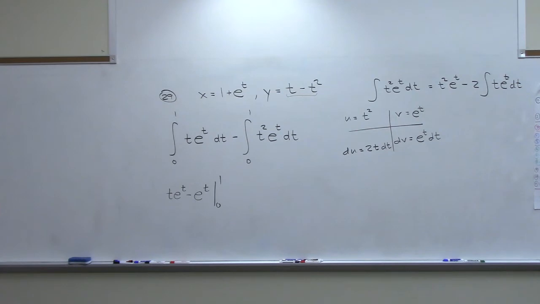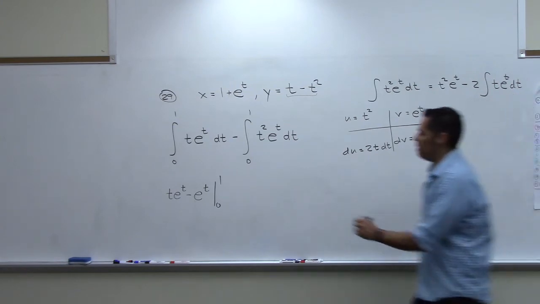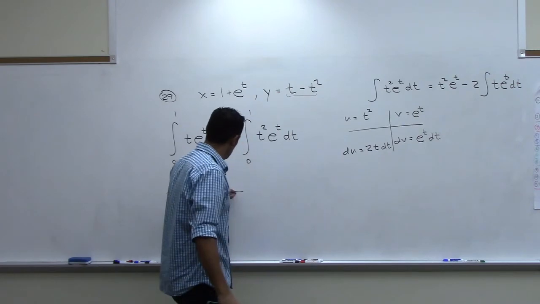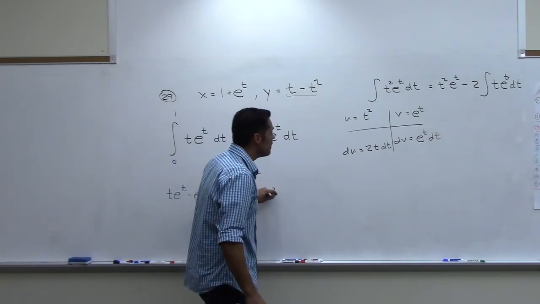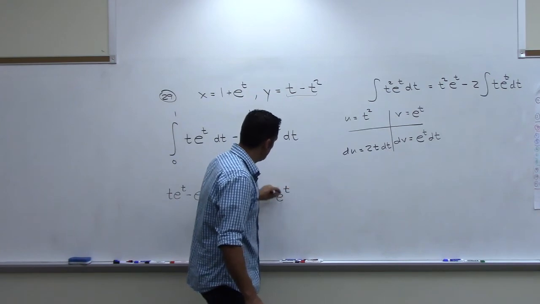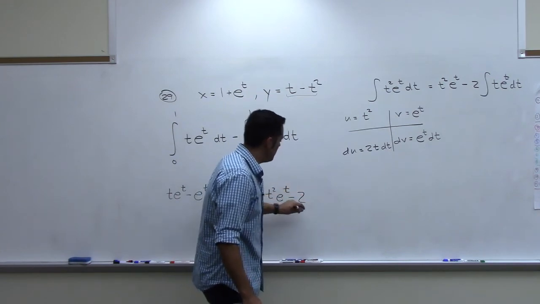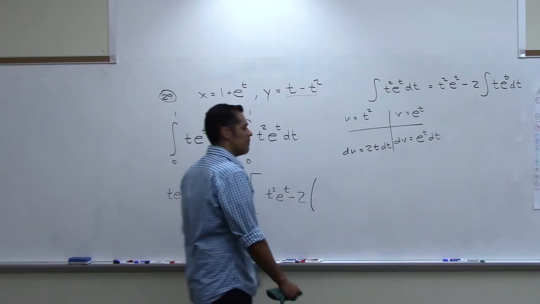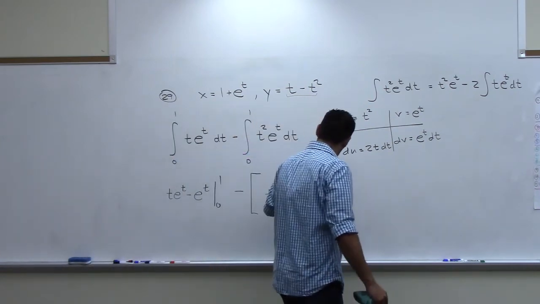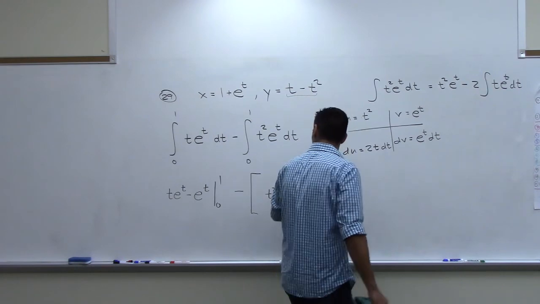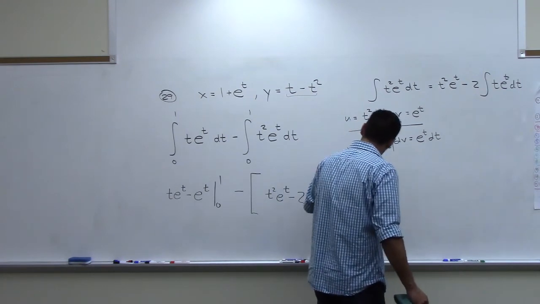I would normally need to do integration by parts again, but I just did this integral. And I know what the answer to that is. So this is going to become minus, now, it's t squared e to the t minus 2 times the integral, this answer right here: t e to the t minus e to the t, right?